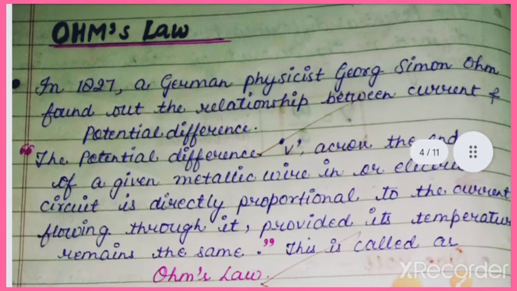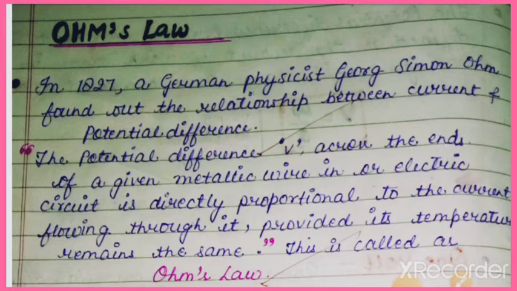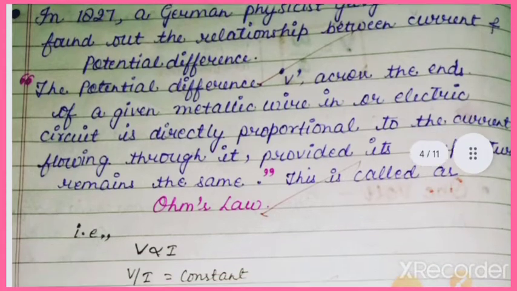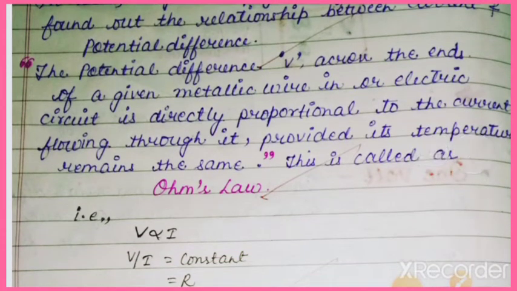Then we have Ohm's law, and it is a very important law, often asked in the exams, right? Ohm's law states that the potential difference V across the ends of a given metallic wire in an electric circuit is directly proportional to the current flowing through it, provided its temperature remains the same. This is called Ohm's law.